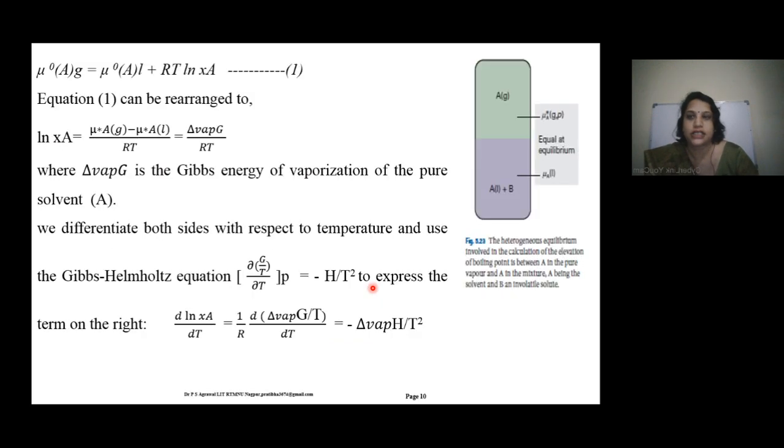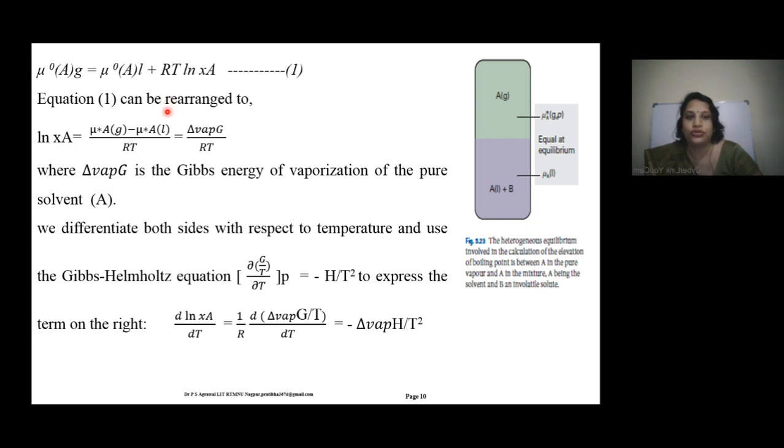The heterogeneous equilibrium which exists. So we will denote again solvent by A and solute by B. The equilibrium which is established at a temperature, for which we can write down this one. The pressure of 1 atmosphere is the same throughout and it will not change.